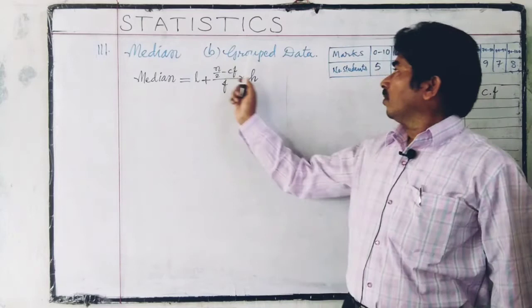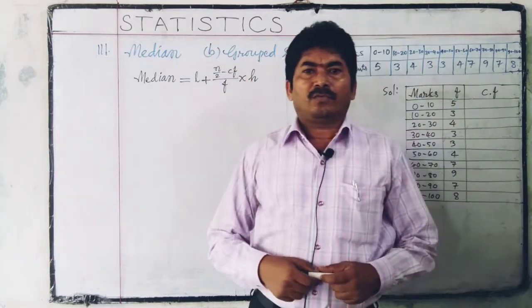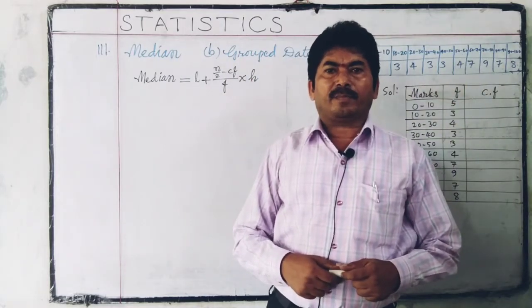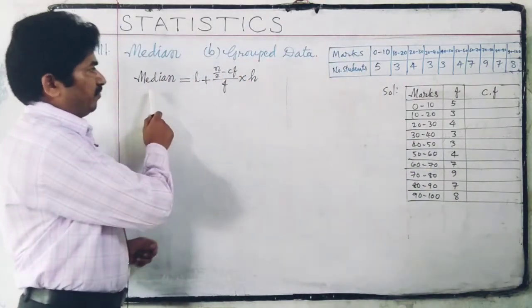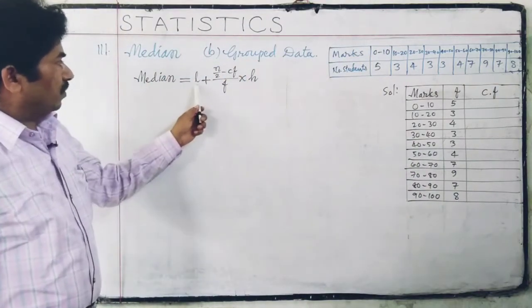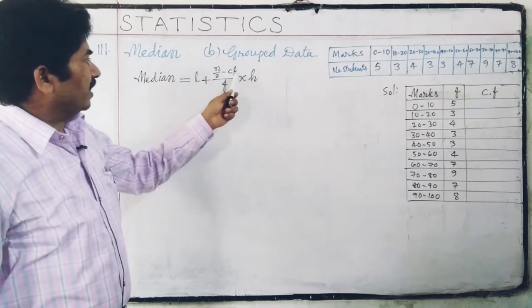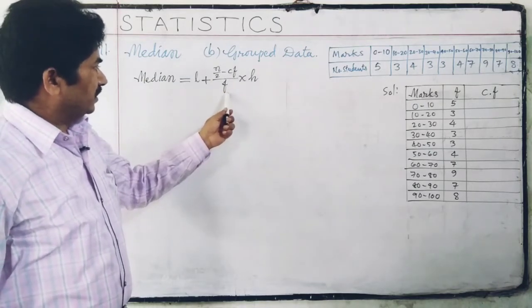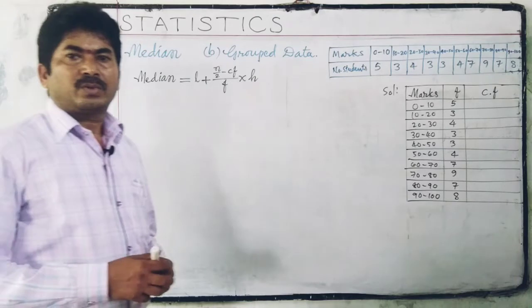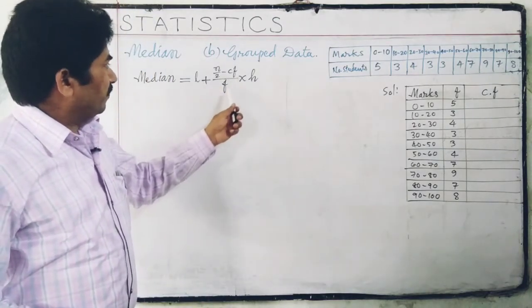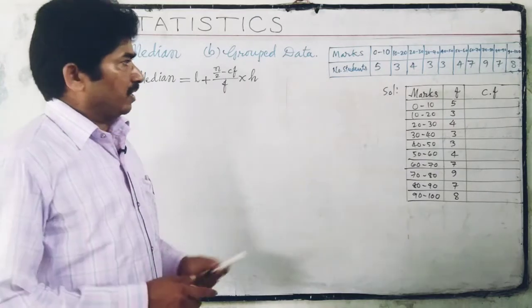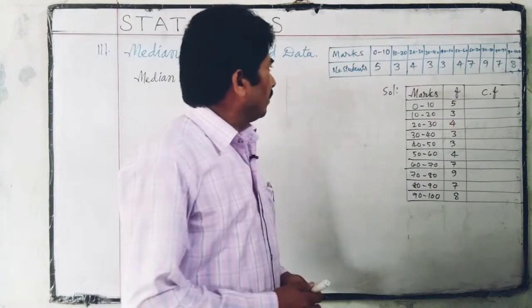Median for grouped data. What is the formula for finding median for grouped data? Here we have the formula: median is equal to L plus (n by 2 minus CF) by F into H. So what are L, n, CF, F, H? Let us see, taking this example.